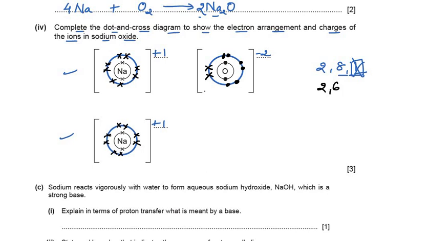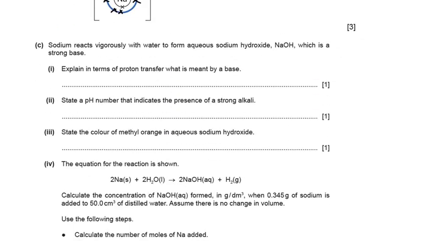That is 1 electron from each sodium. You can see that the 1 electron from each sodium will go there. So here is how I'm going to draw the dot and cross diagram of the electron arrangement of sodium and oxygen. I have removed the arrows which I had drawn, because that was not what we are supposed to draw; that was just for the explanation. So let's go ahead with the next question.